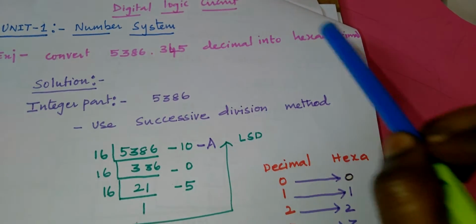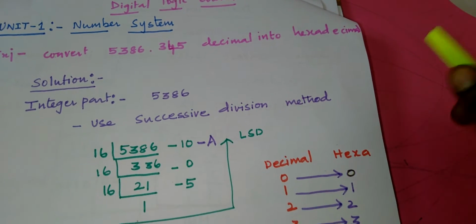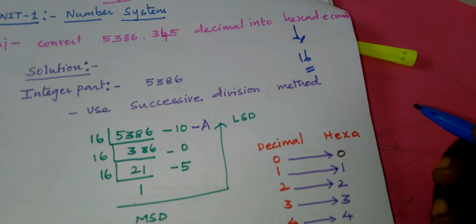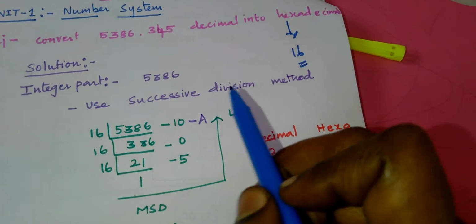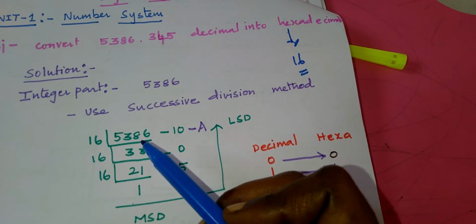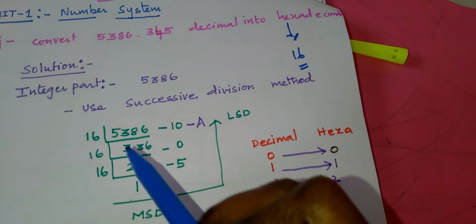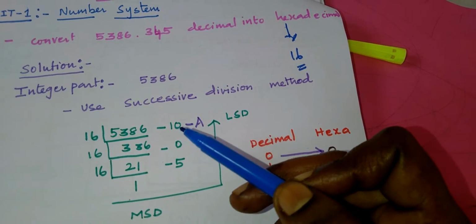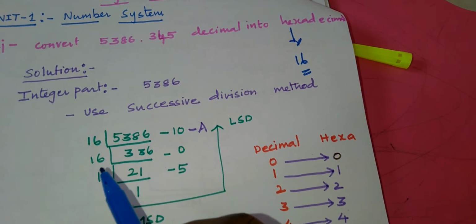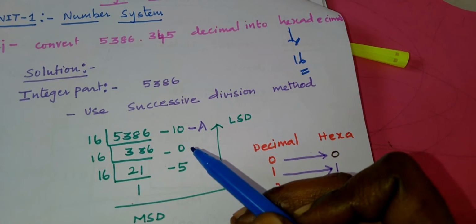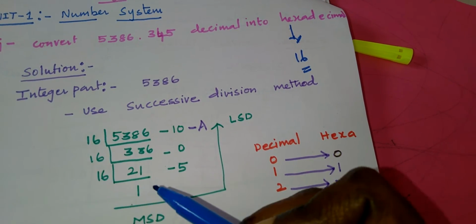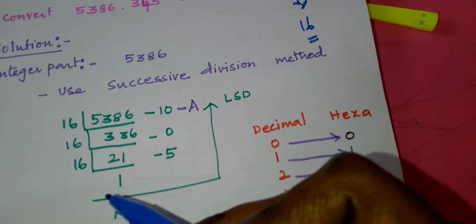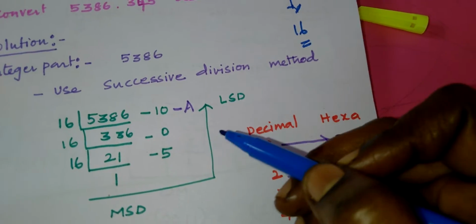Here you are converting decimal to hexadecimal, which has base value 16, and this 16 is used as the divider. 5386 divided by 16 gives 336 times, and 10 is the remainder. Again 336 divided by 16 gives 21 times, 0 is the remainder. 21 divided by 16 gives 1 time, and 5 is the remainder. While writing the answer, follow the direction from down to upward.